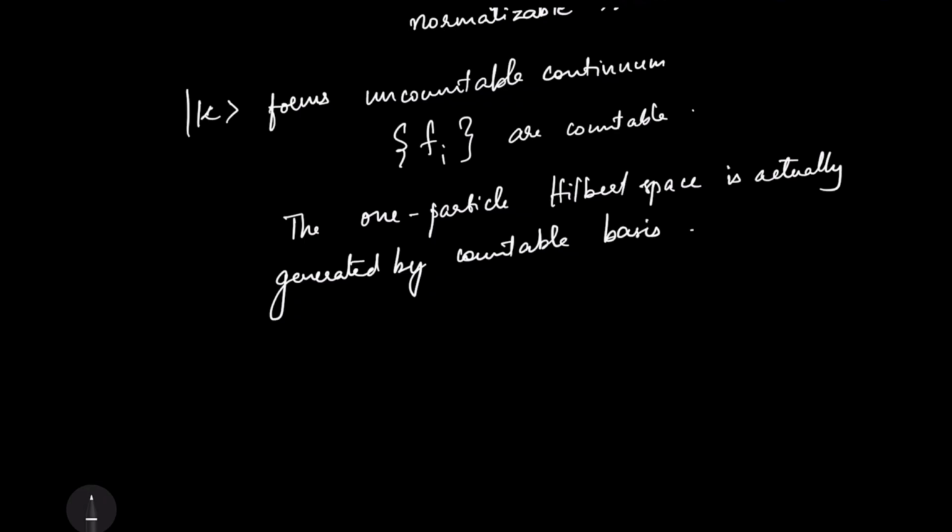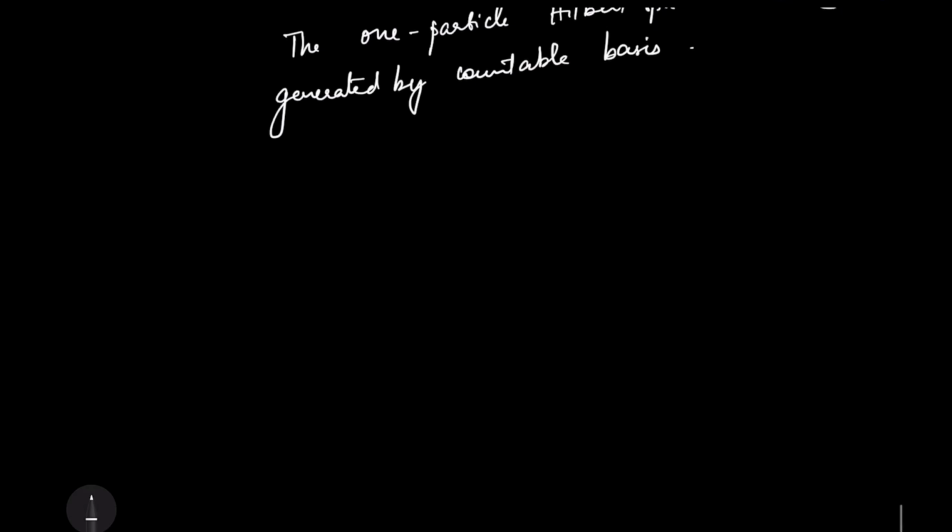So k was actually an uncountable continuum. Then when you choose fi such that all the possible fi are countable, then the one particle Hilbert space is actually generated by a countable basis. Fine.